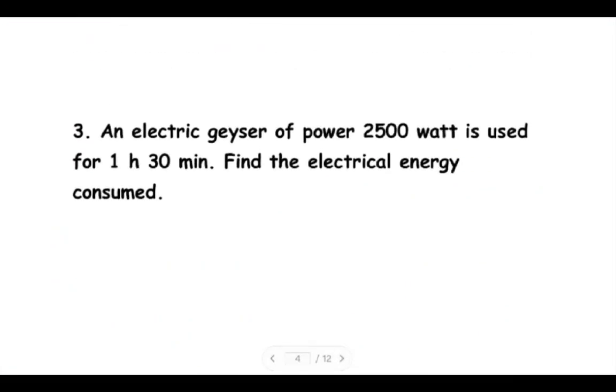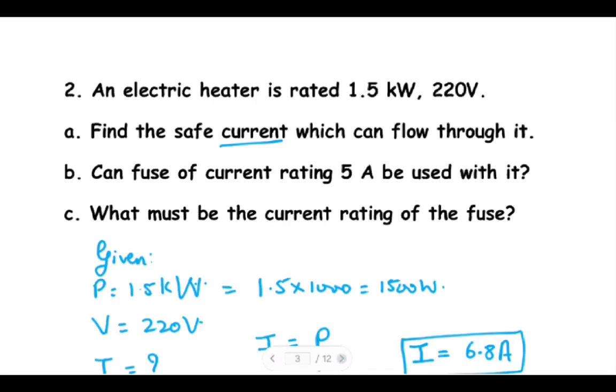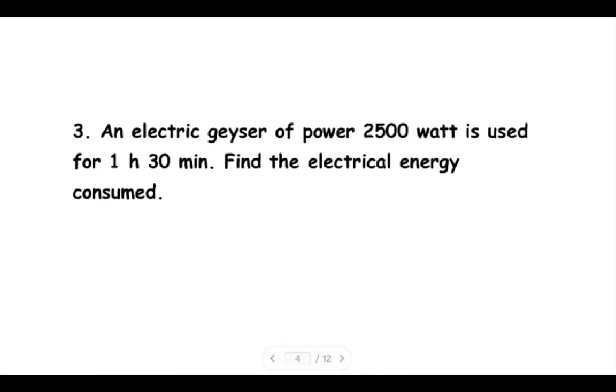An electric geyser of power 2500 watt is used for 1 hour 30 minutes. Find the electrical energy consumed. Children, okay, let's do this first. Given, power is given as 2500 watts.